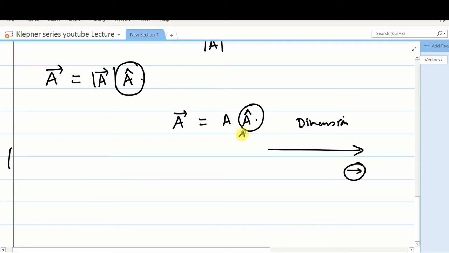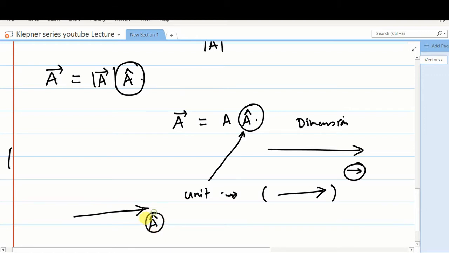We always say that this unit vector represents the increasing direction of any vector. If your vector is going this side, the unit vector is representing this side also. If your vector is in this way, your unit vector is also on this side. So this is the rule.